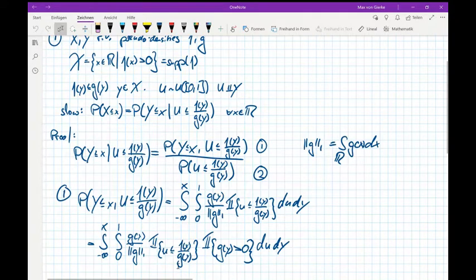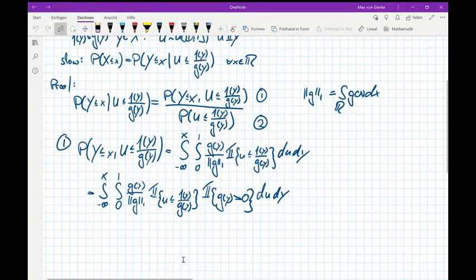If f has to be bigger than g and g has to be bigger than 0, then f has to be bigger than 0 at y. And when f is bigger than 0 at y, then y is in X. So then y is in the support of f. But we know that on the support of f, this fraction is smaller or equal than 1.